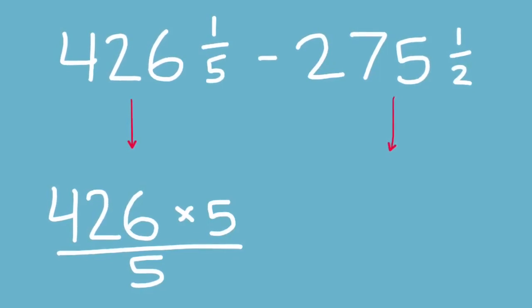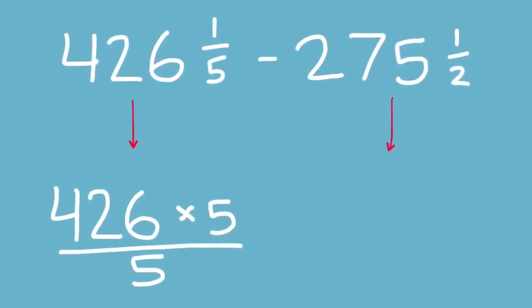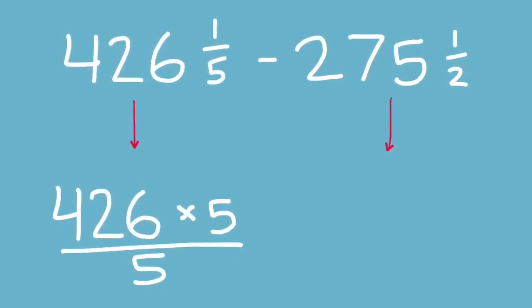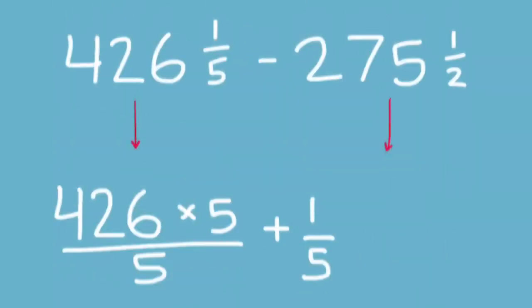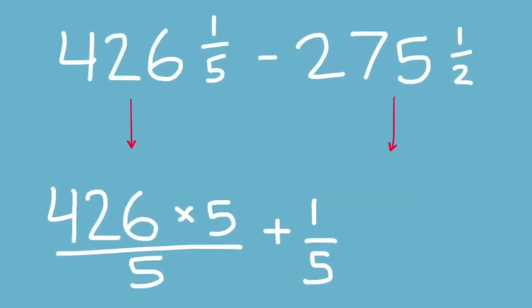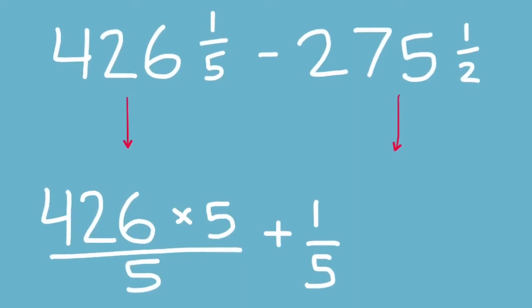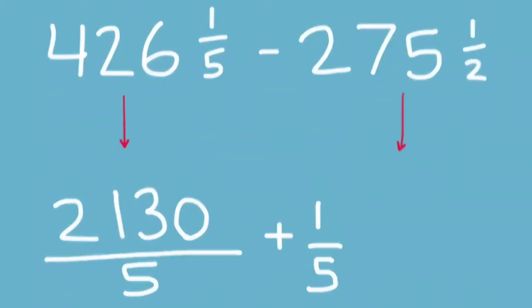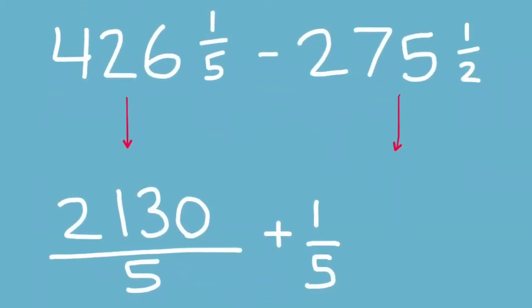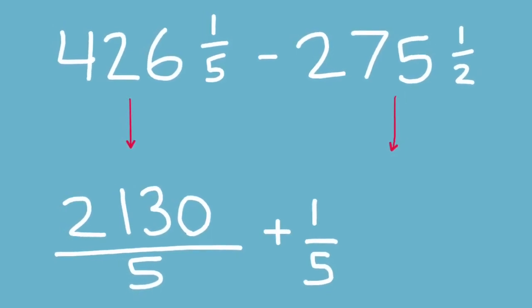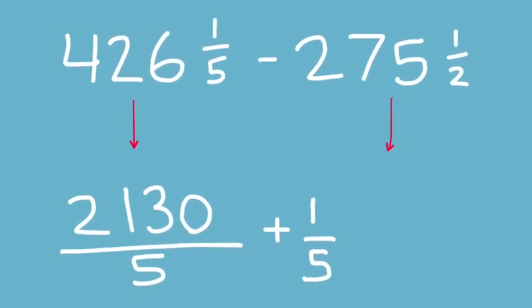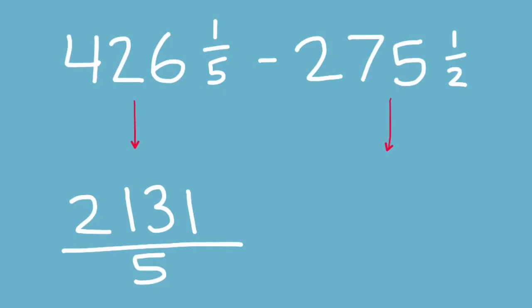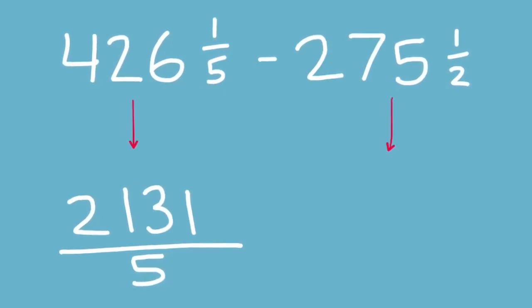Oh, I'm going to multiply it by 5 over 5. That'll give me fifths in my denominator. So 426 times 5 is something, and now that it's in fifths, I can add it to my 1/5. Well, 426 times 5 is 2,130 fifths, and now I have that 1/5, and I put them together, and we have 2,131 fifths. Oh, whew!